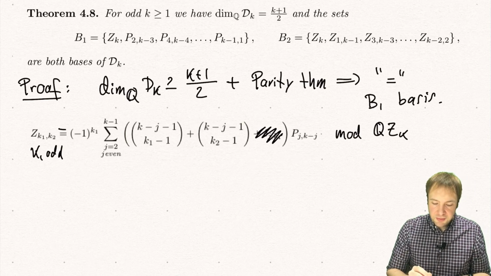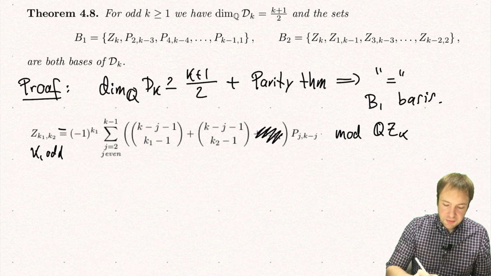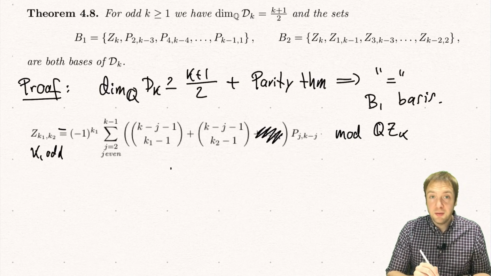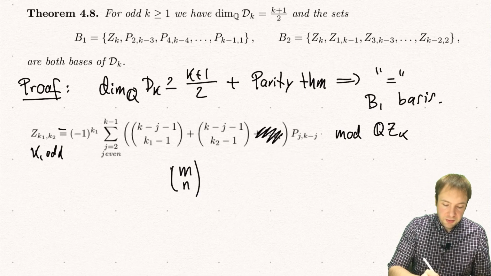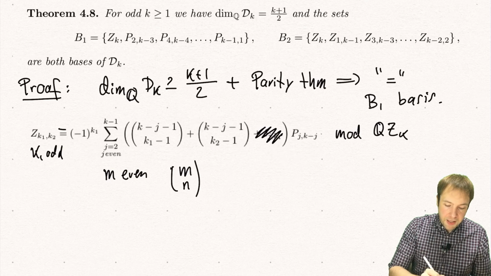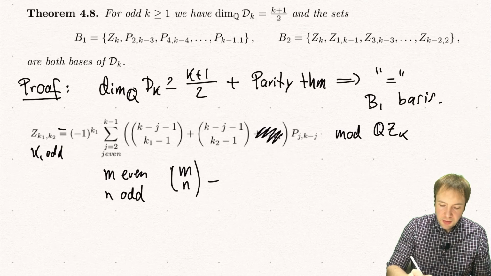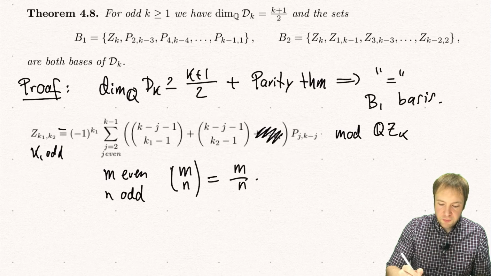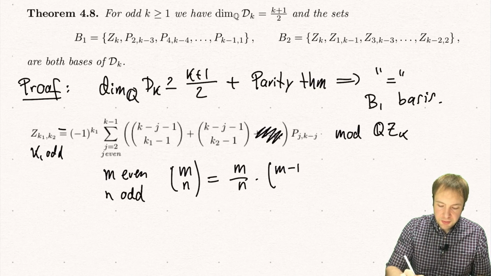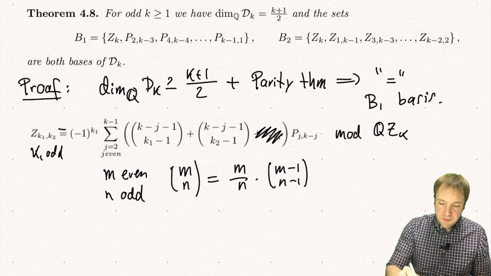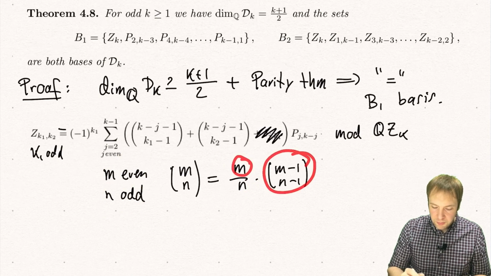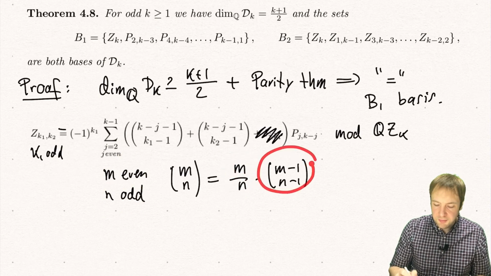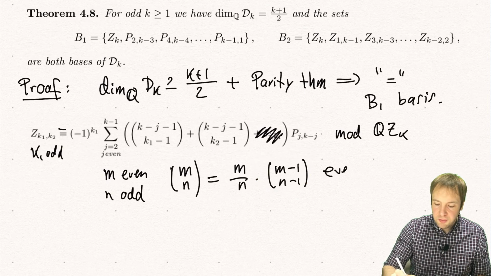And I do this in detail in the lecture notes, but the main point is that if we consider this matrix modulo 2, the first observation is that if I have a binomial coefficient with m even and n odd, then, because this is just m over n times the binomial of m minus 1, n minus 1, then if m is even and n is odd, this part here is divisible by 2, and here this is just an integer, and therefore this is also even.